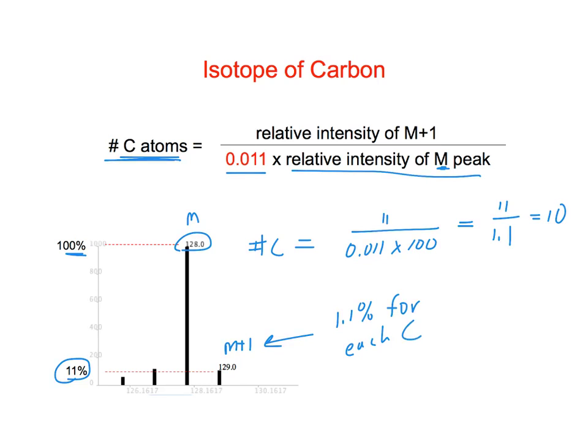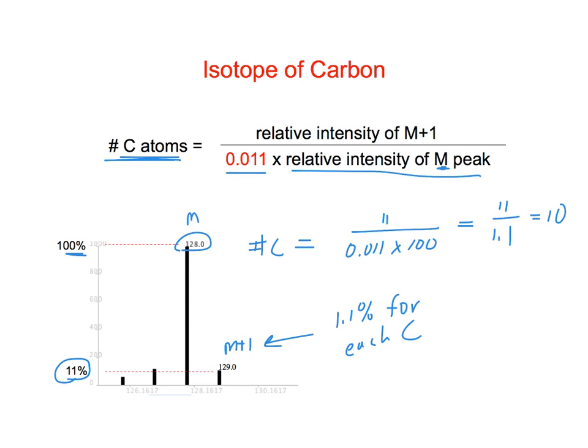Because there's an independent probability that each carbon would be C13, there's an independent 1.1% for each carbon. We just add them up here. So if there's one carbon, then it should be 1.1%. If there's 5, then it should be 5.5%. If it's 10, then it's 11%.